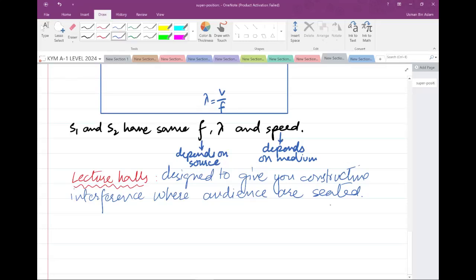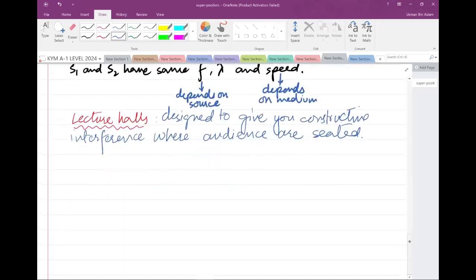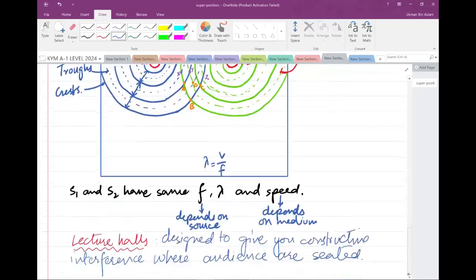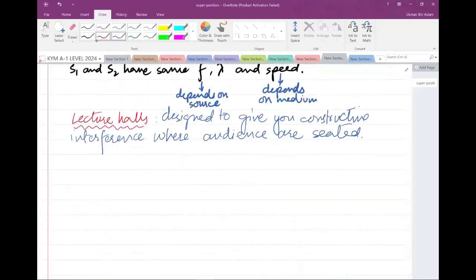That's where we keep the seats for the attendees. We can't put chairs or seats anywhere in a lecture hall. They also have to be specifically designed by a sound engineer so that the sound quality is the best, so that we give the best experience to the people who are attending.